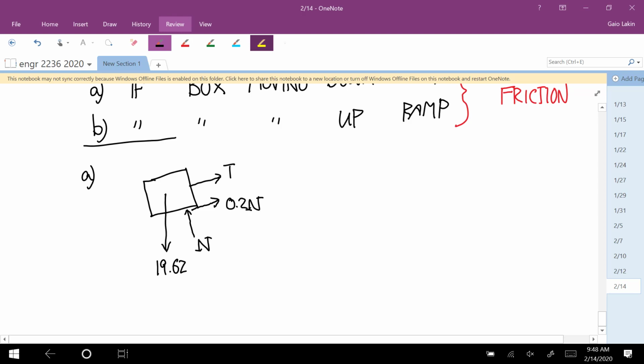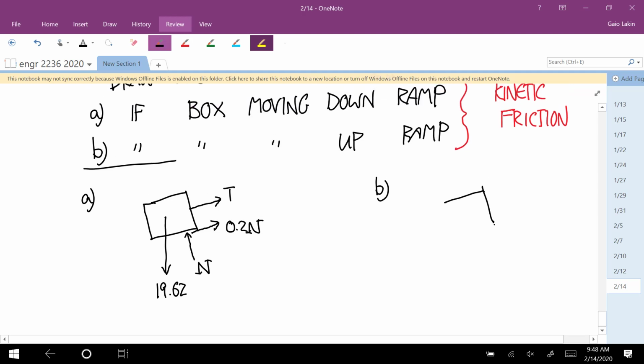Okay. Now it's the same problem, but imagine that at that instant it's sliding up the ramp. There's a weight force of 19.62, a cable tension, a normal force.